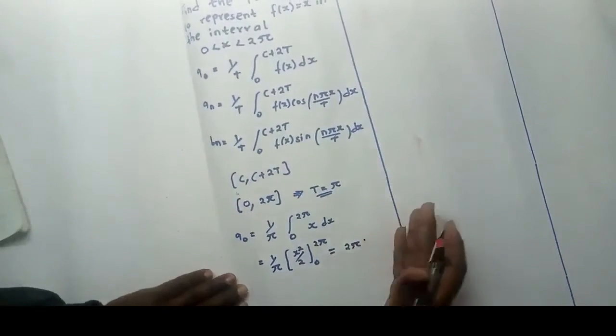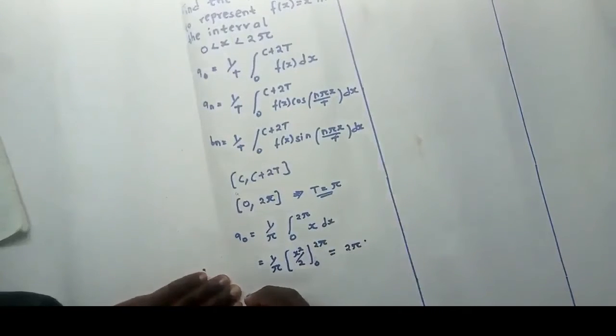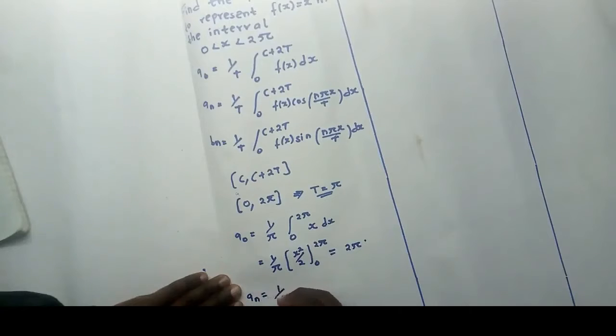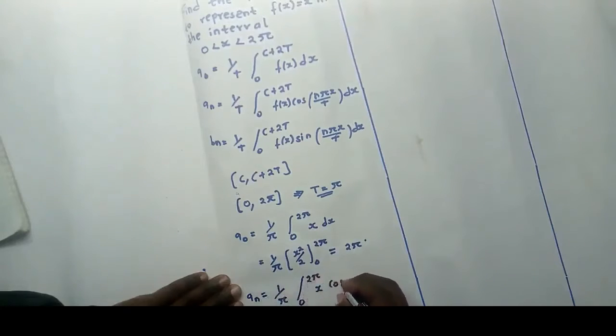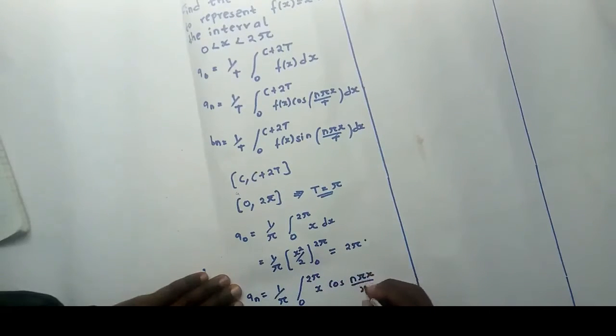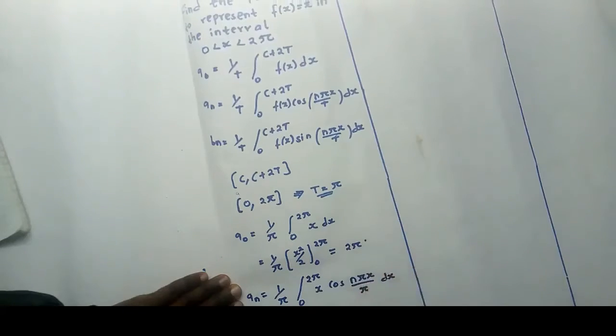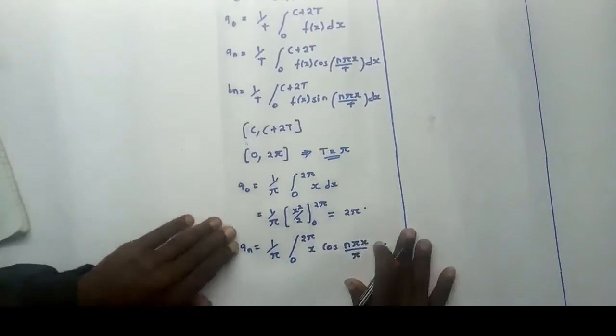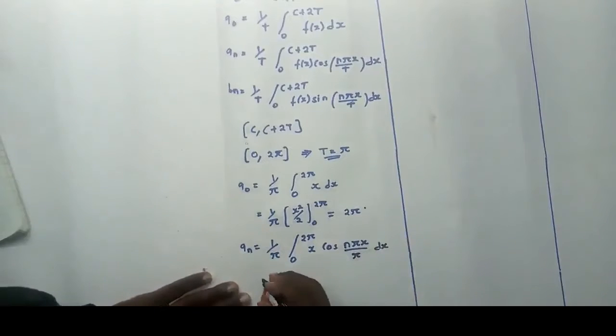Okay, so the next thing is to find an, and an is equal to 1 over pi integral from 0 to 2 pi of x cos n pi x over t, which is pi, dx. Okay, so the next thing you have to do is to simplify this.